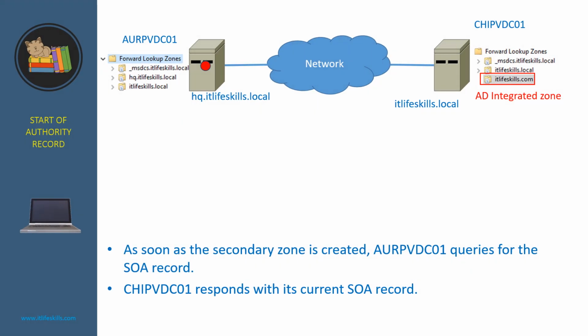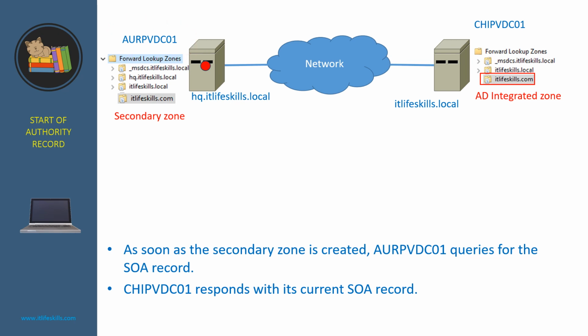To understand how SOA records are used, we need to do a Wireshark capture on GPVDC01 and OPVDC01, and we capture it at the moment when the itlifeskills.com zone is created on OPVDC01.